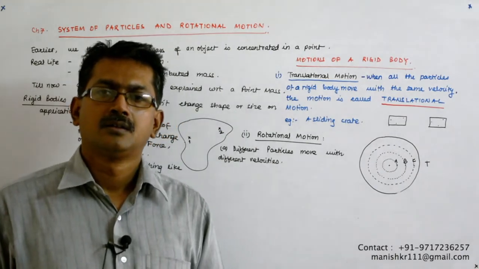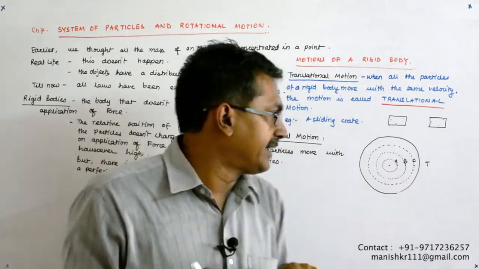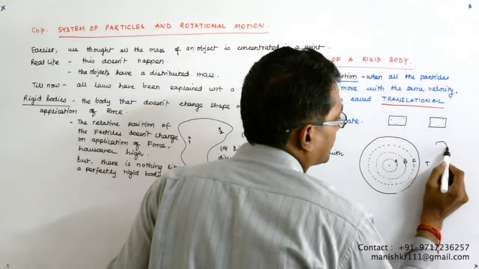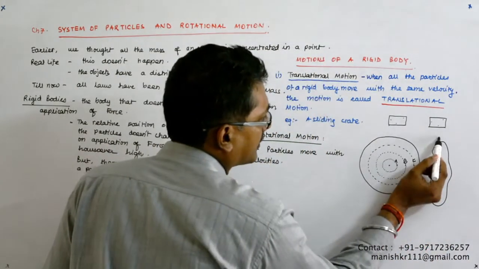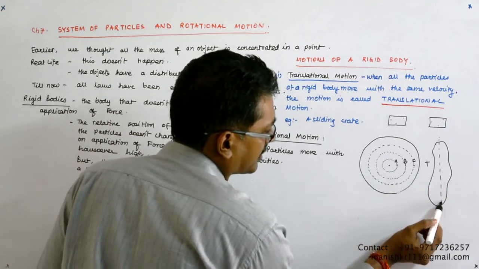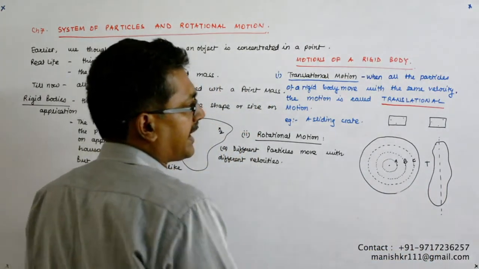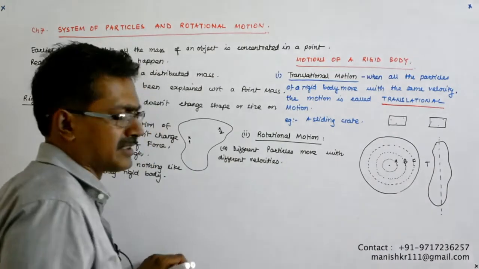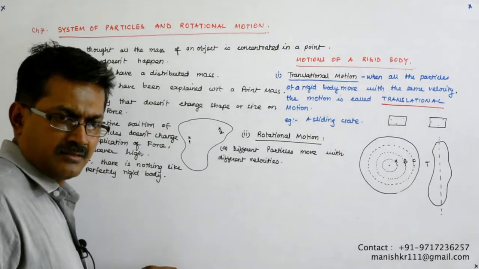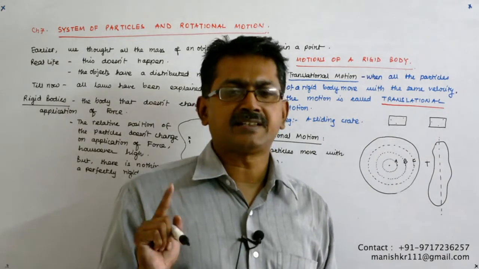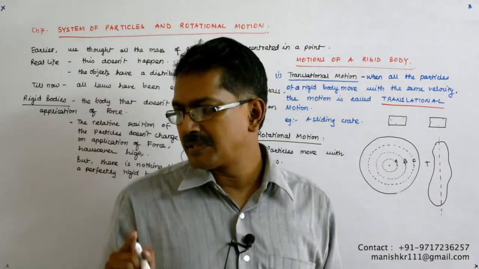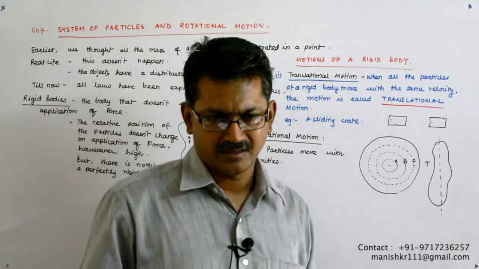Now, if it was a solid body like that, and this whole thing was rotating like that, then all the points that lie on this line are stationary. Everything else is moving around them, but they themselves are stationary.